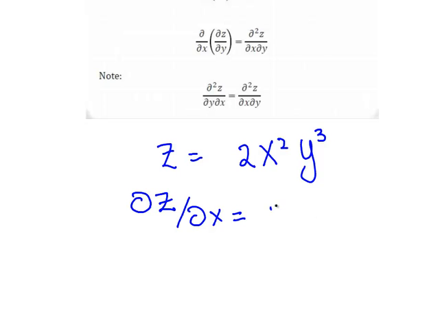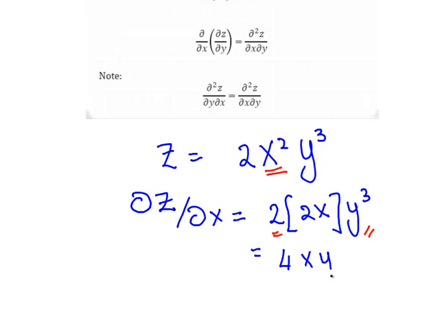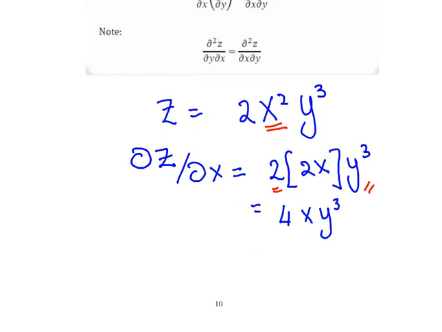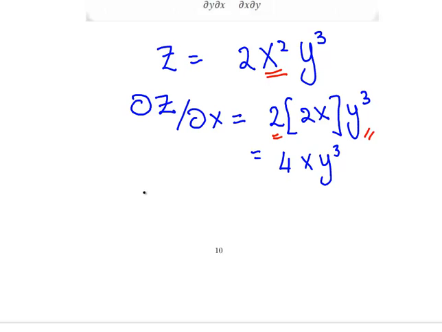So we have 2 times 2x, that's the derivative of x squared, times y cubed. What's happening there is we are treating 2 and y cubed as a constant and just getting the derivative of x squared. So the answer works out to be 4xy cubed.